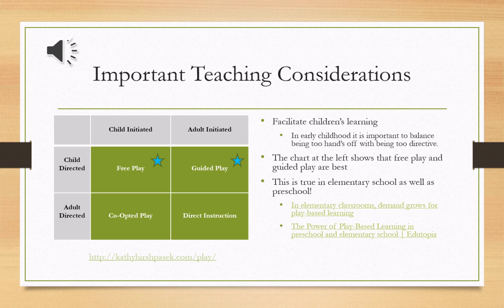So maybe you have set up a Mother's Day craft and you have all the materials laid out to make a flower that's going to look just like the teacher made a model of, and children are given exact materials and exact directions, and they really don't have any room to direct their own play at all. So again, we're looking for child-directed play, either free play or guided play, rather than adult-directed play, which would be co-opted play or direct instruction.